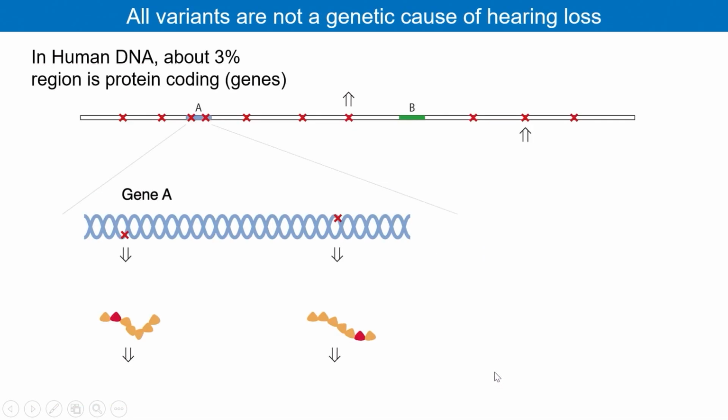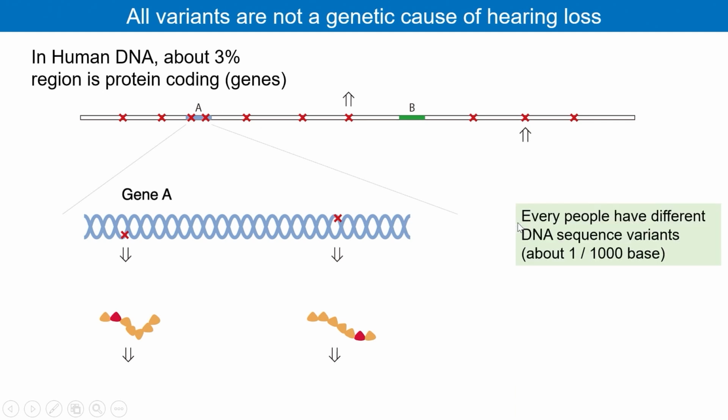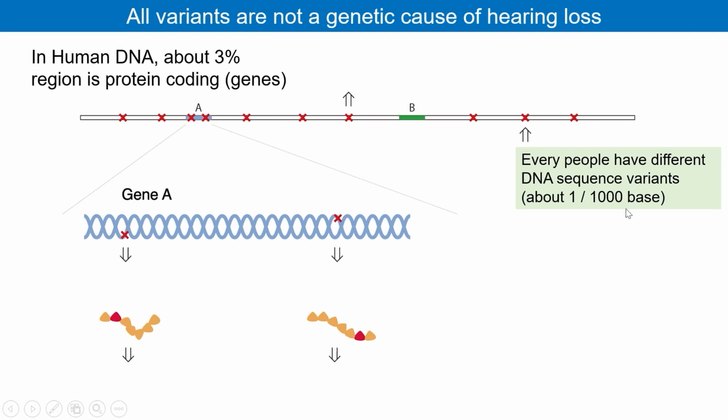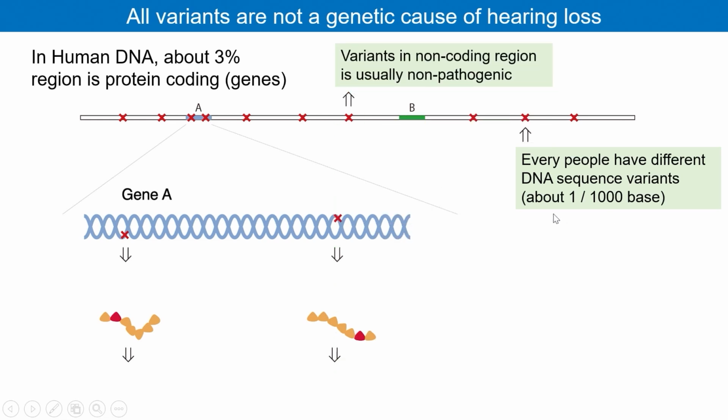A very important thing about next generation sequencing analysis is that we identify so many variants, but not all variants are the genetic cause of hearing loss. In human DNA, only 3% of the region is protein coding genes. And every person has a different DNA sequence, about 1 out of 1,000 bases. Variants in a non-coding region, where A and B are genes and this white region is a non-coding region without genes, are usually non-pathogenic.